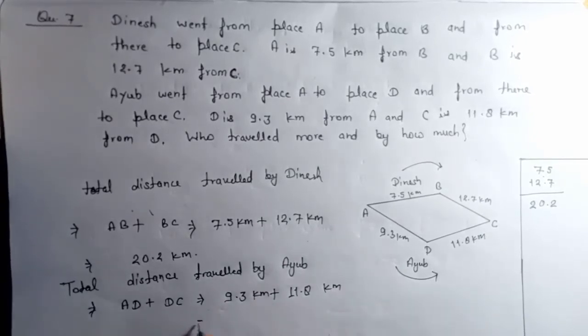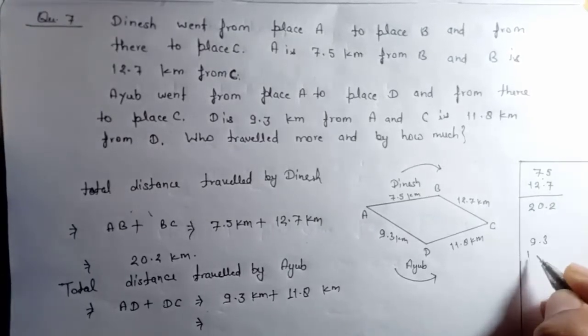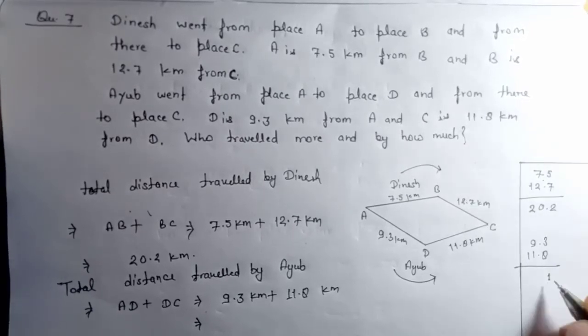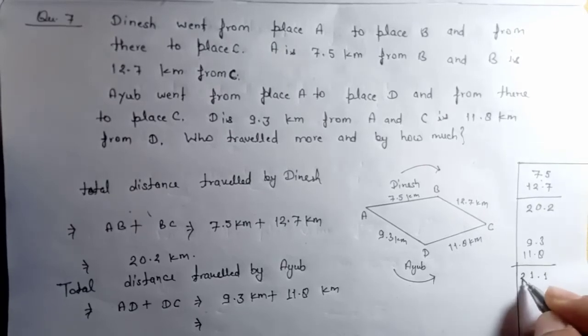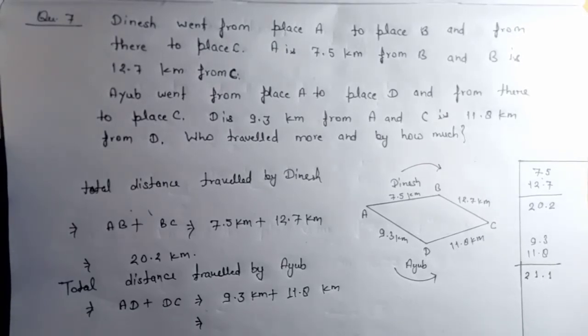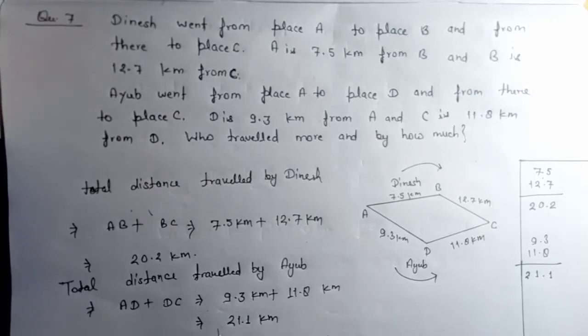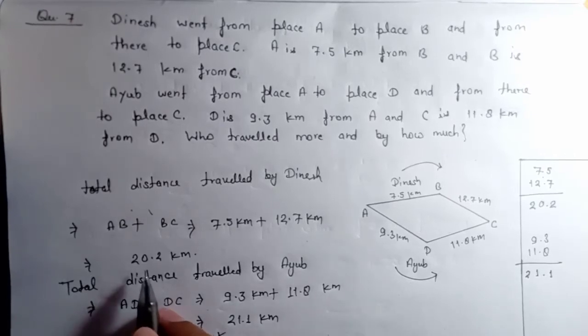When you add these two numbers, 9.3 and 11.8, 8 and 3 becomes 11, 9, 1 is 10, and 1 is 11, and the sum becomes 21.1 kilometer.